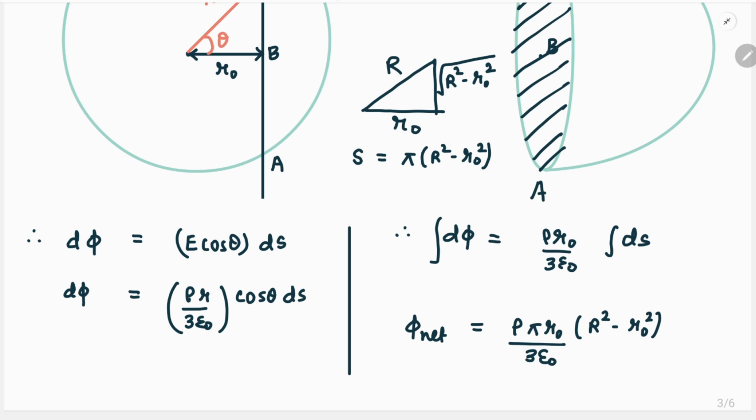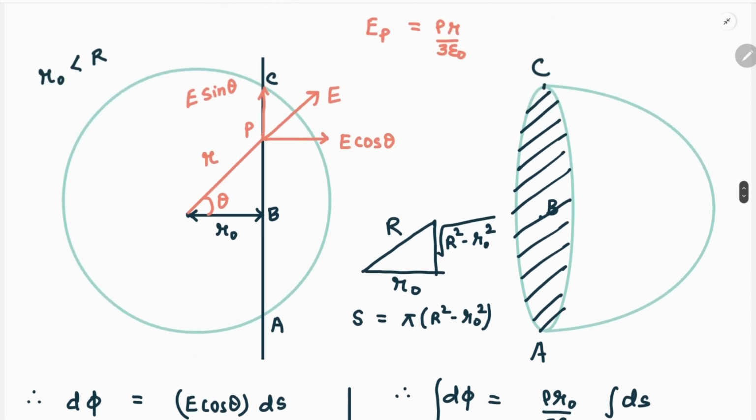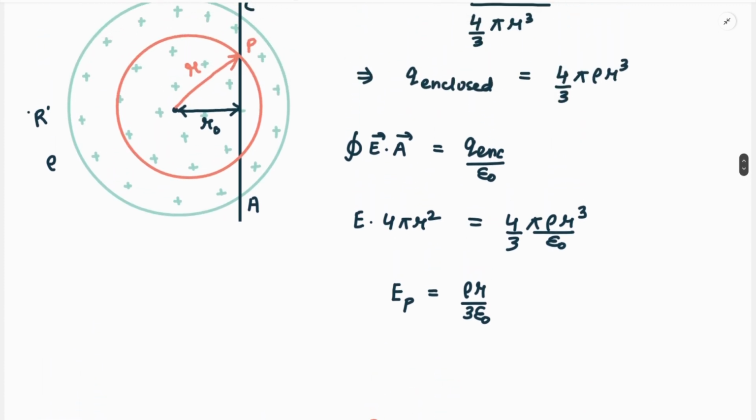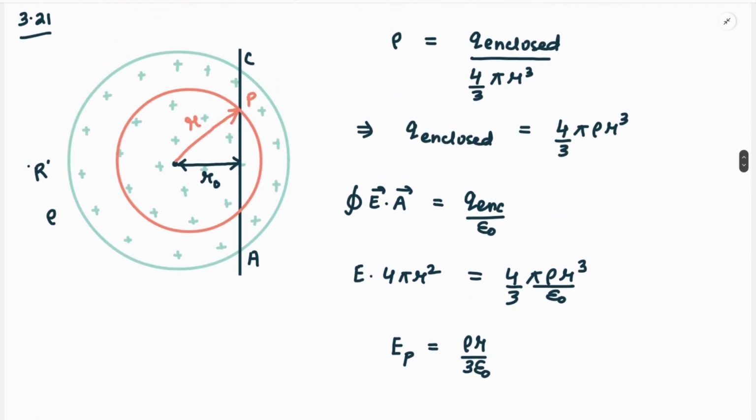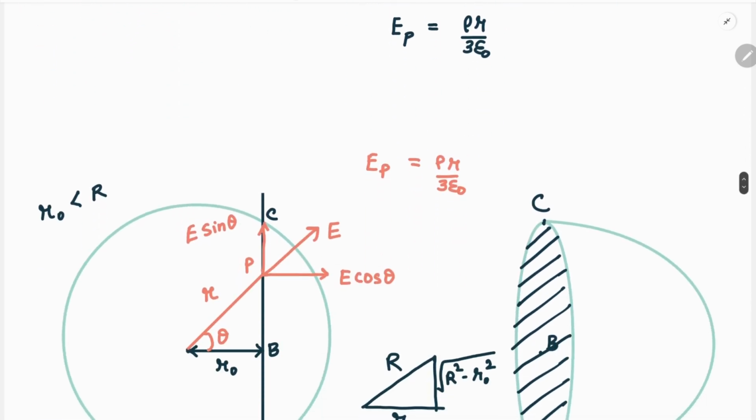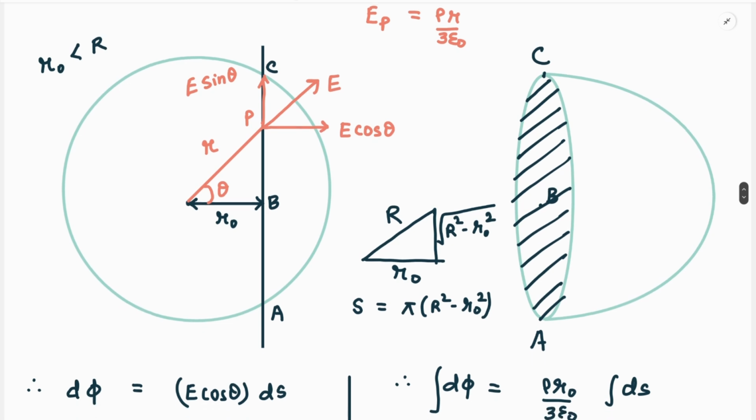So this is the final answer for problem number 3.21. The first important aspect is to understand what exactly the plane which the problem refers to is. The next thing is to calculate the value of the electric field at the point P, and then we calculate the electric flux due to the electric field vector.